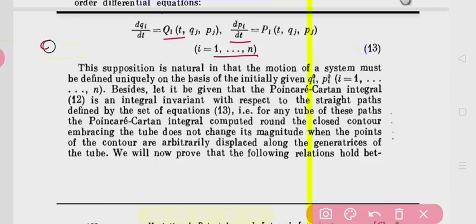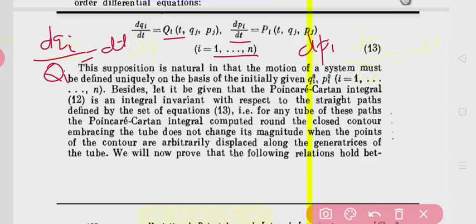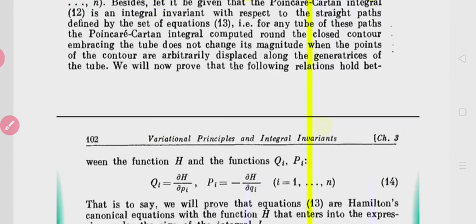I am rewriting it as dqi over capital Qi is equal to dt, and dpi over capital Pi is equal to dt. So both values are equal to dt. So dq1 over capital Q1, dq2 over capital Q2, up to dqn over capital Qn will be equal to dp1 over capital P1, dp2 over capital P2, up to dpn over capital Pn, is equal to dt.